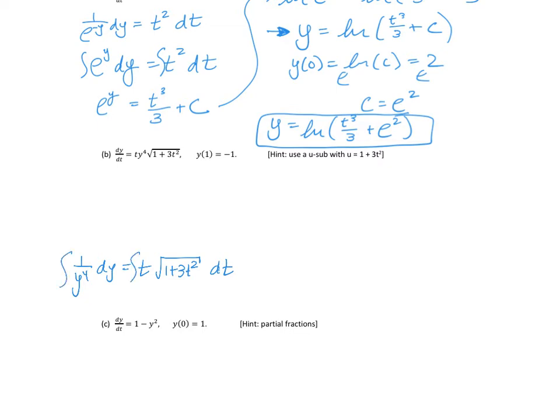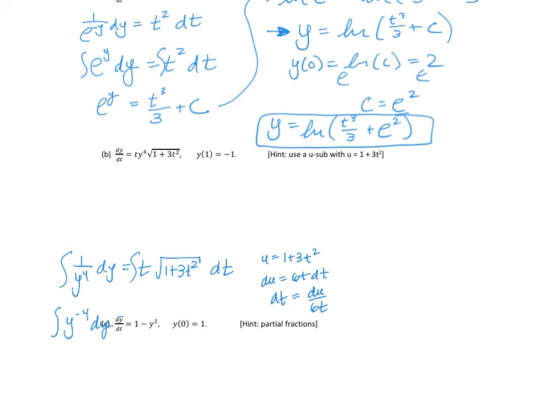Integrate, integrate. So 1 over y to the 4th, I could rewrite that as the integral of y to the negative 4 dy, and then it's just a power rule problem. And then on the right, I'm going to do a u substitution where u is 1 plus 3t squared, which means du is 6t dt, which means dt is du over 6t.